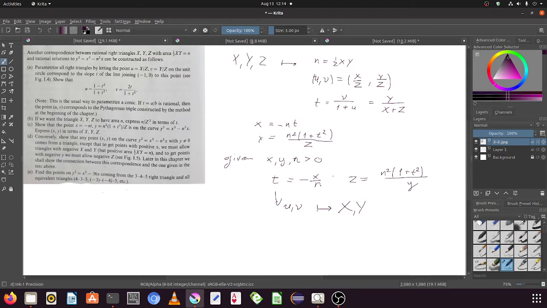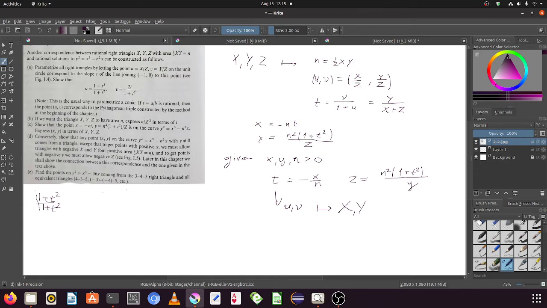So what we need to show is that z is actually given by the, so I found an easy way to do it, I think. These equations are the ones giving the Pythagorean triangles. So we just need to show that this u squared plus v squared gives this squared.